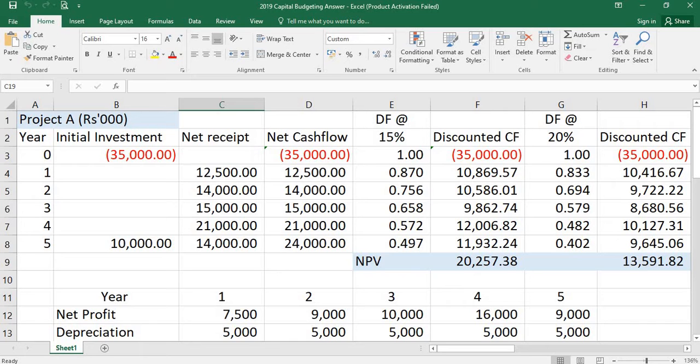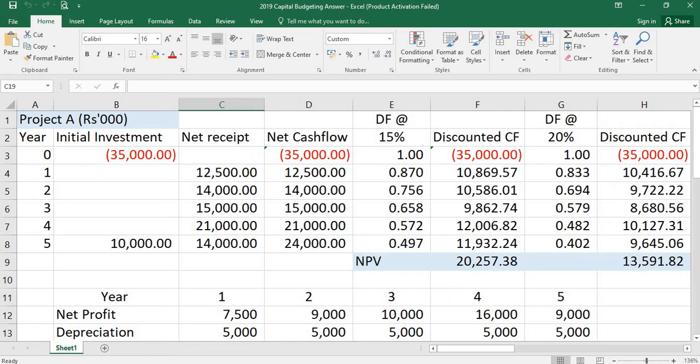The machinery used for B needs to be replaced at the end of the 3rd year, because project B has a 5 year lifetime, at a cost of 20 million. Value of machinery used for B would be nil at the end of the project. The company uses the straight line method for depreciation, and the company's cost of capital is 15% per annum.